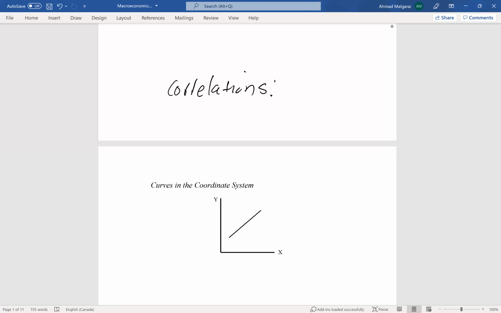So what we have now, for instance, is Y and X. If X represents our studying for a test, and Y is the test score, we say that there is a positive relationship.